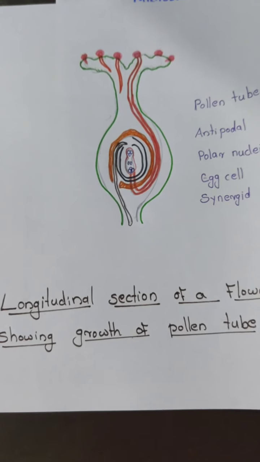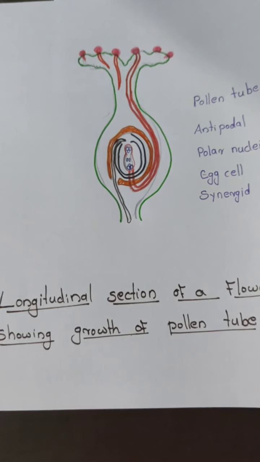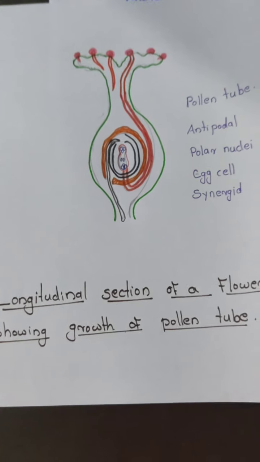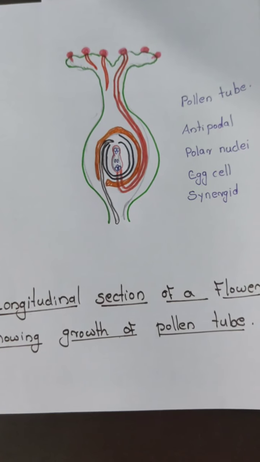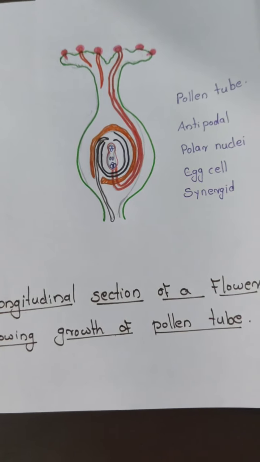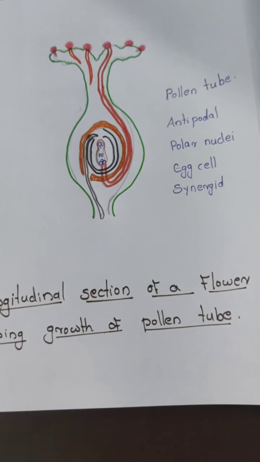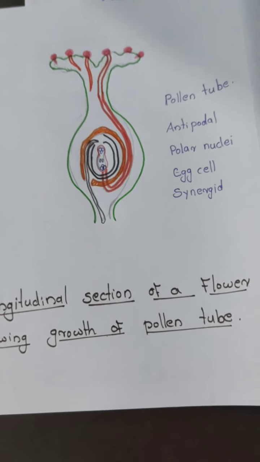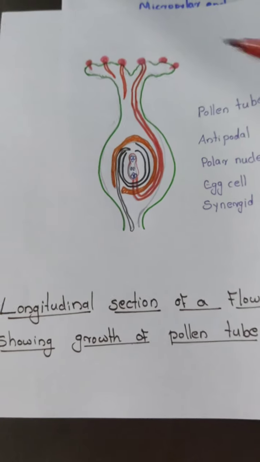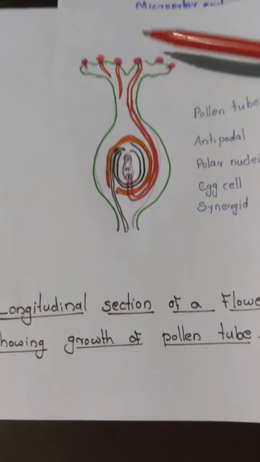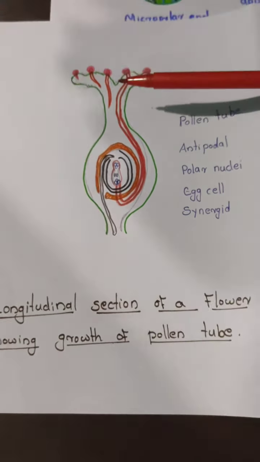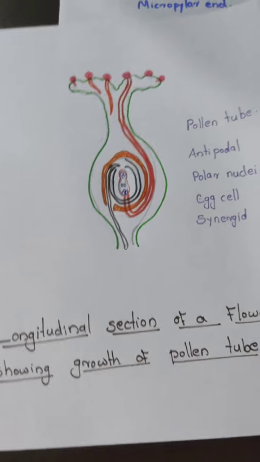All the events from pollen deposition on the stigma until the pollen tube enters the ovule are together referred to as the pollen-pistil interaction.